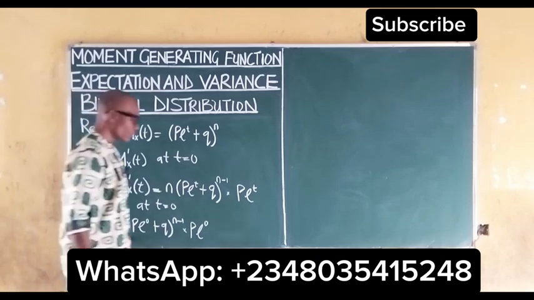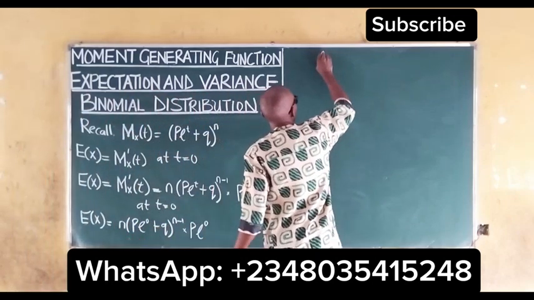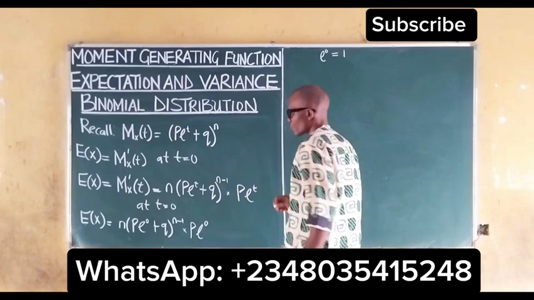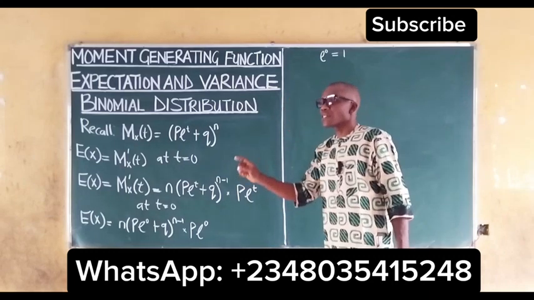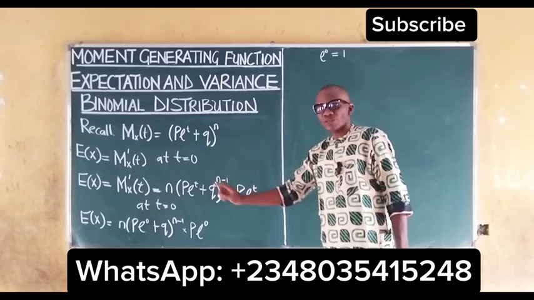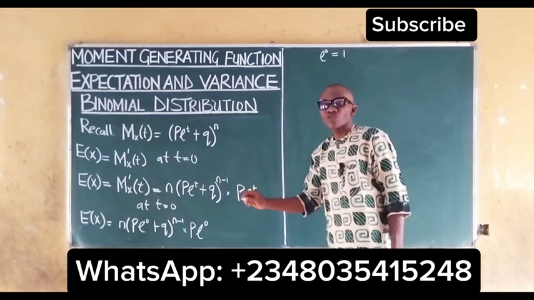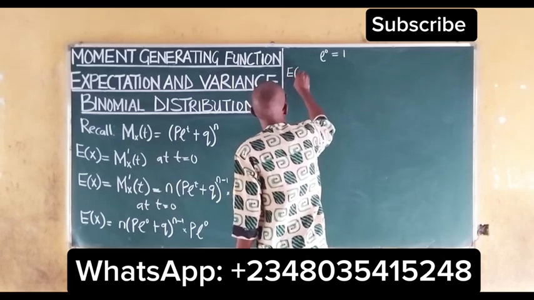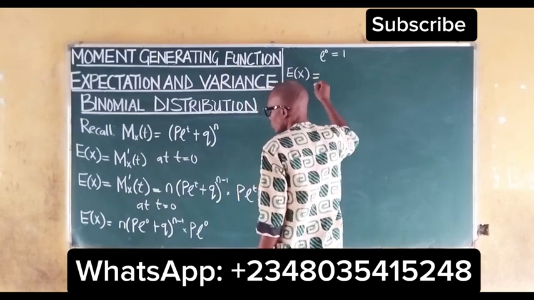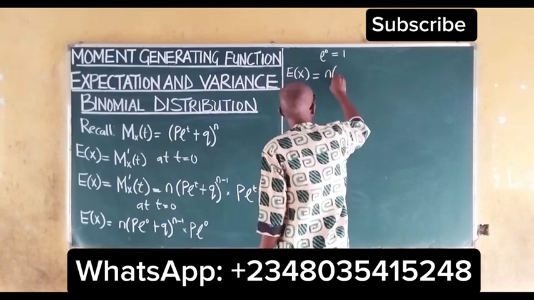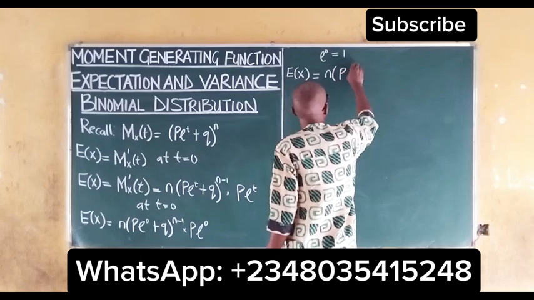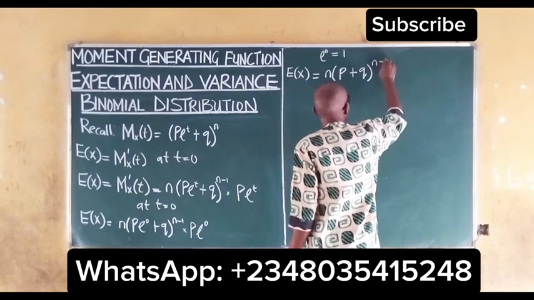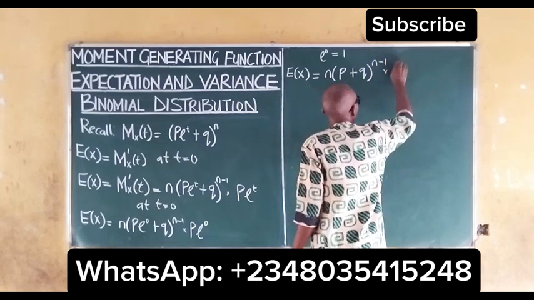Now, we should note that anything raised to the power of 0 is equal to 1. So anywhere we see e raised to the power of 0, we put 1. So we have that our expected value of x is equal to n into (p plus q) raised to the power of n minus 1 multiplied by p.